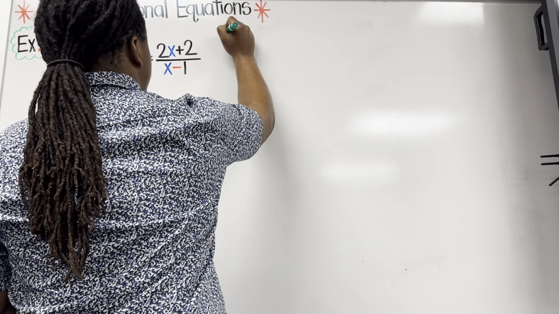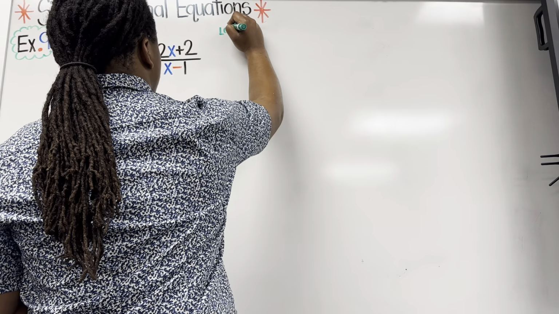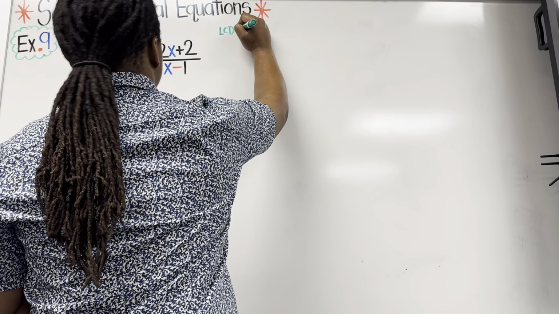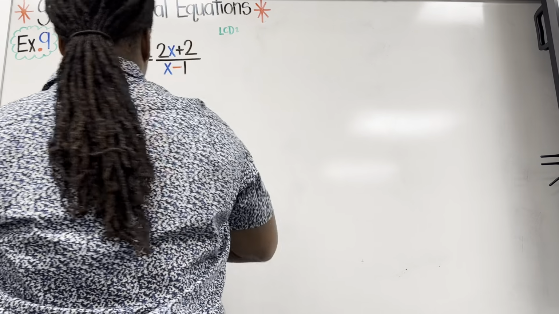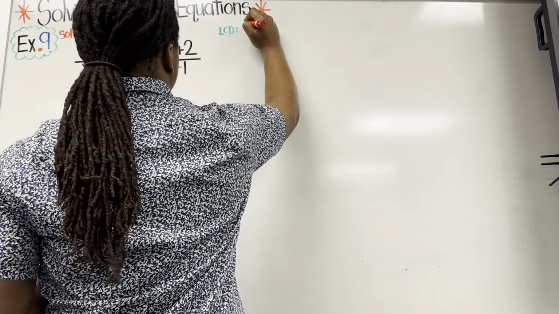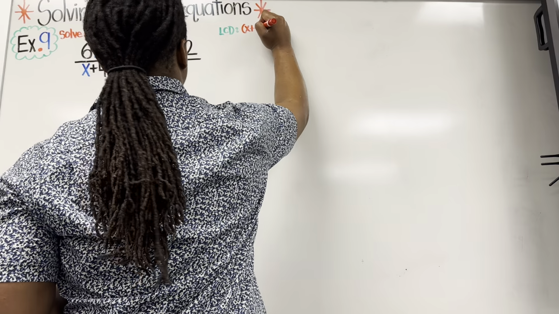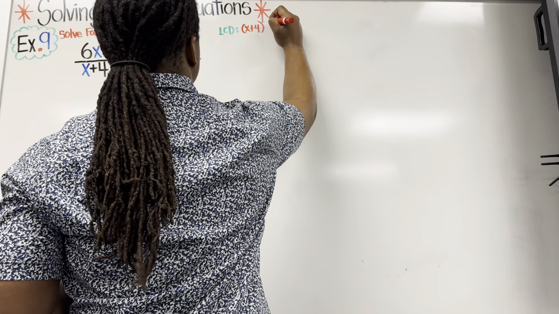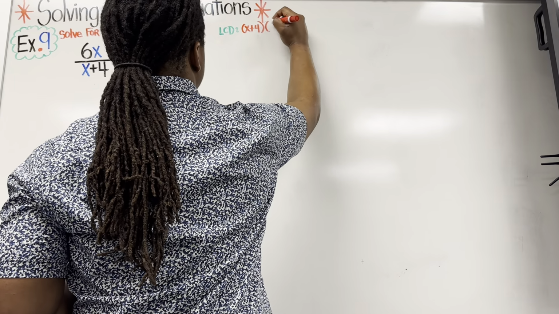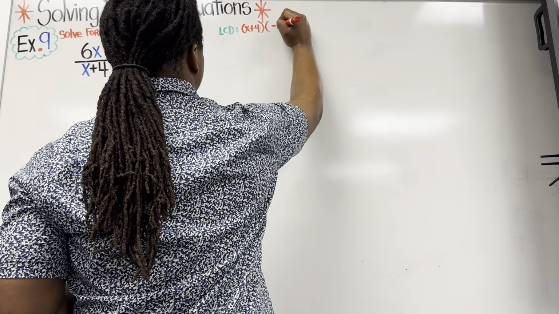So the LCD, or the least common denominator, is going to be, and I'm going to write this in red, x plus 4 times x minus 1.